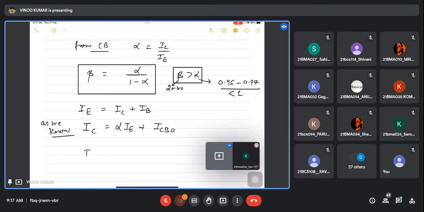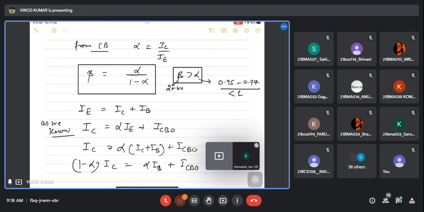And I replace this in the above equation, it is going to become IC plus IB plus ICBO, then we have this 1 minus alpha of IC, that is alpha IB plus ICBO.